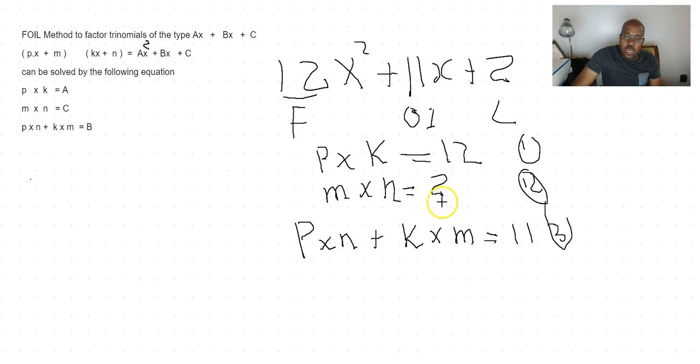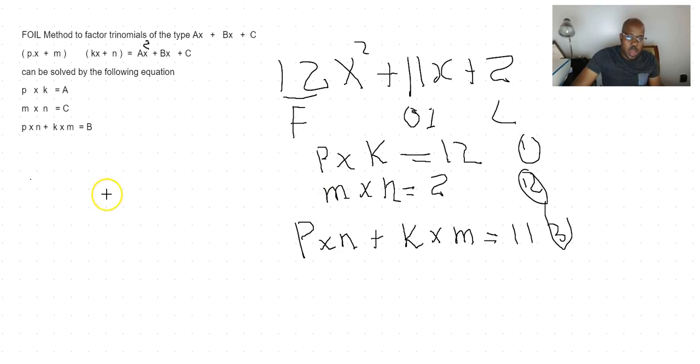I know this one, 12, can be 4 times 3, or 6 times 2, so I'm not going to choose it, since I'd have to try too many variables. I'm going to choose this one because it's only 2 times 1.